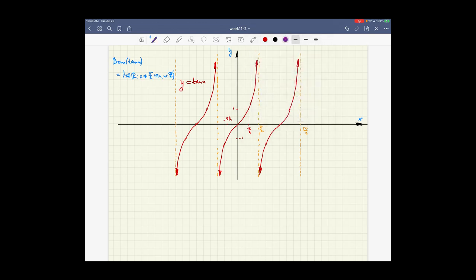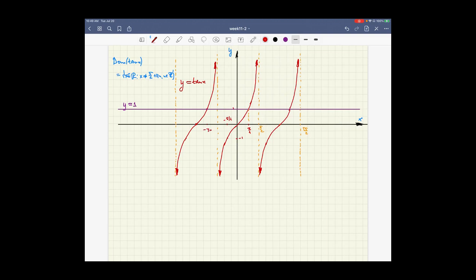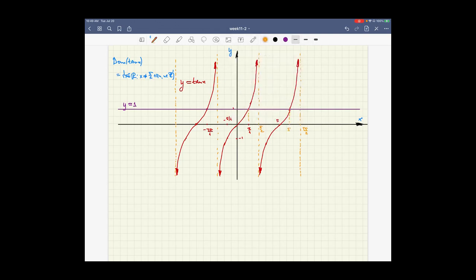If we, for instance, draw the line y equals 1, we see that it'll intersect our graph at infinitely many points. For example, at points pi over 4, at point negative 3 pi over 4, at point 5 pi over 4, and infinitely many more.